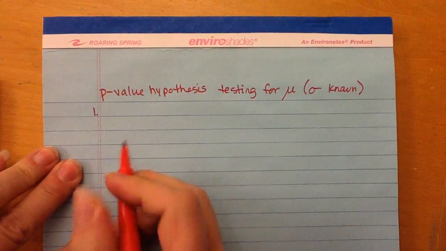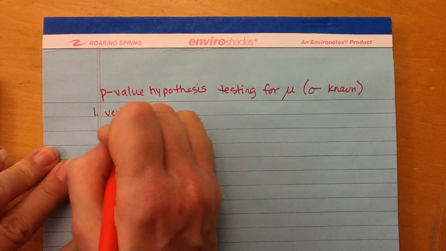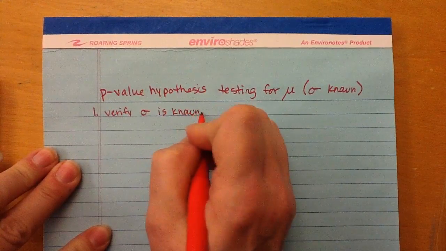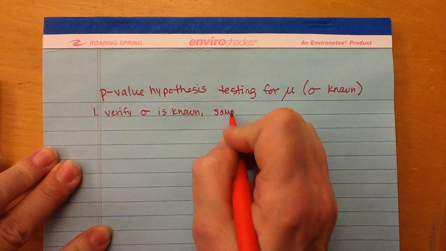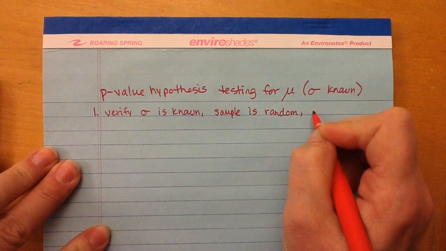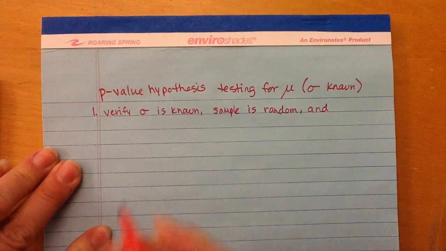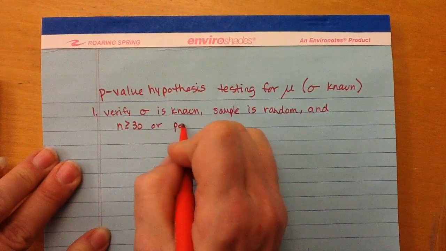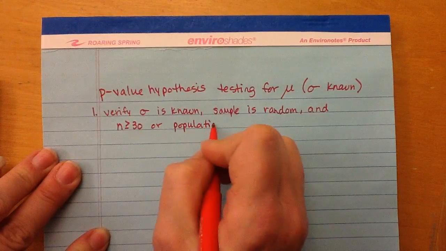To start off, verify that sigma is known, that the sample you're working with is random, and either n is greater than or equal to 30 or the population is normally distributed.